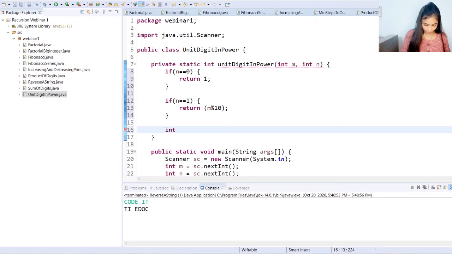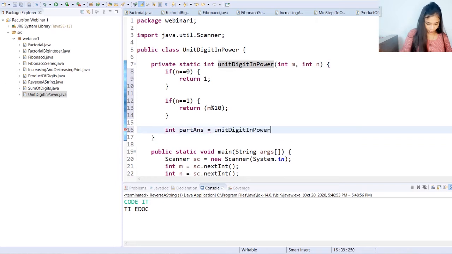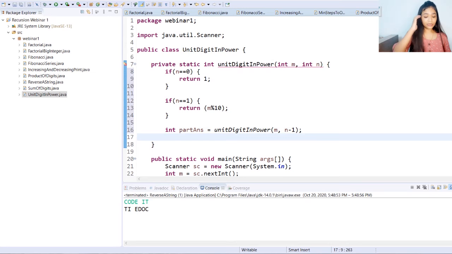So let's say part answer is going to be, I'm calling this function with n minus 1. Alright, that will give me the part answer. And the other unit digit in this case will be my m percentage 10, that is the last digit.